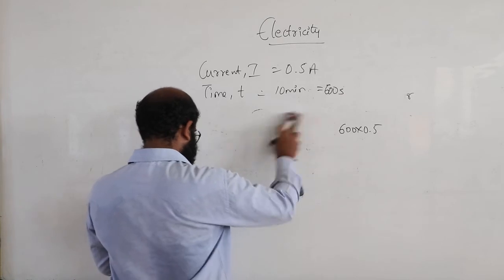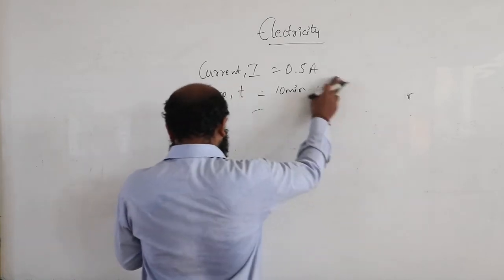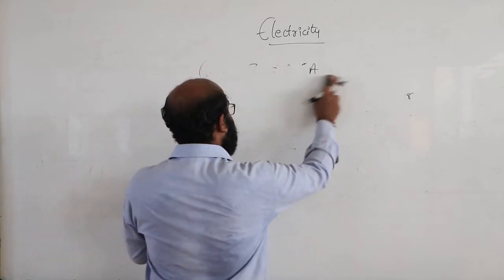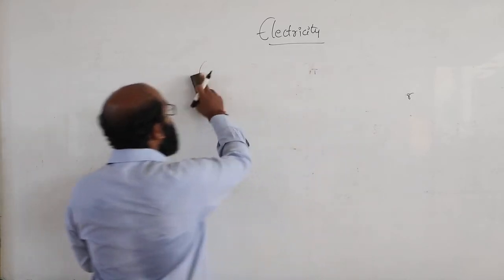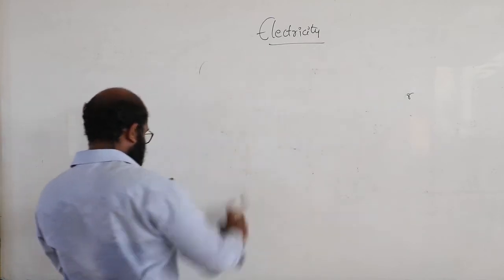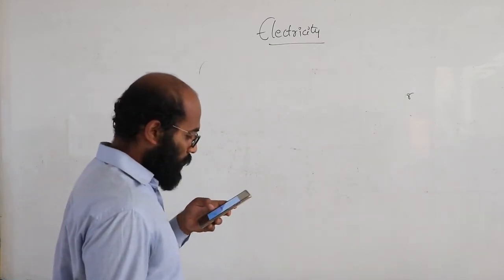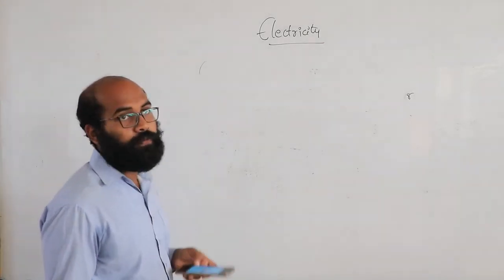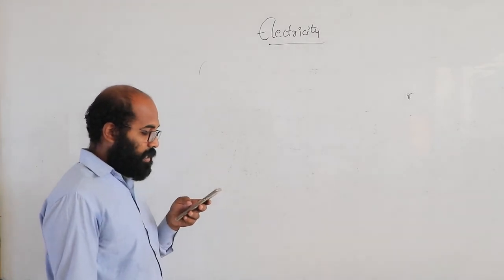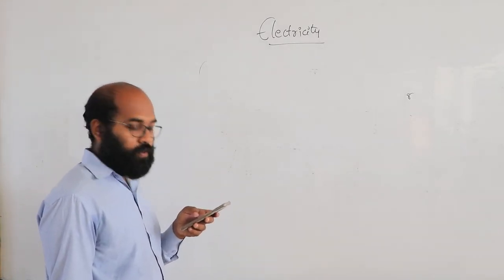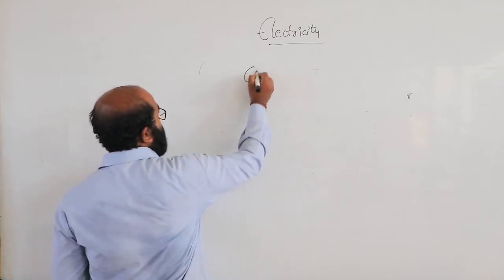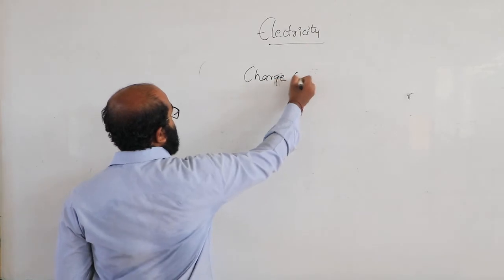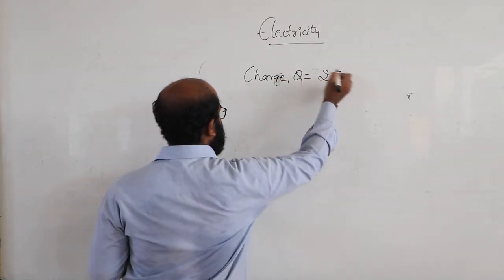Next, how much work is done in moving a charge of 2 coulomb across 2 points having potential difference 12 volt? So what they mean is how much work is done in moving a charge of 2 coulomb. They have given the charge, Q, that is 2 coulomb.